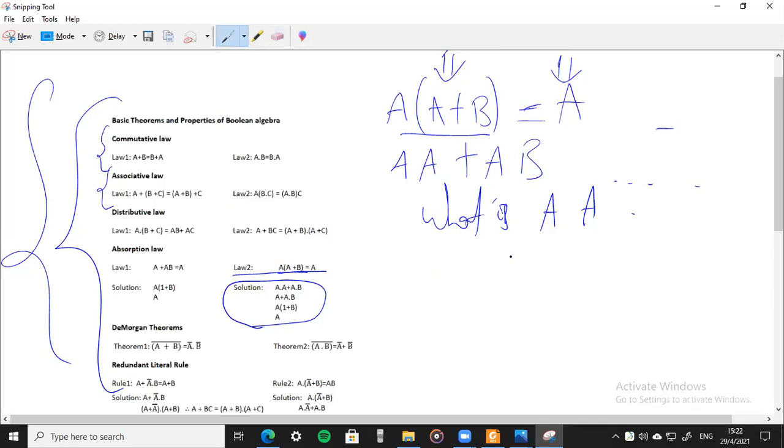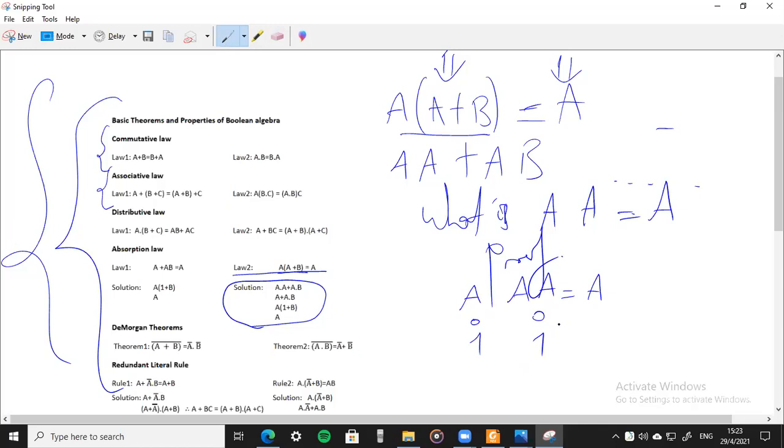Proof: we have one input, A equals 0, 1. A times A equals 0, 1, because 0 times 0 is 0, 1 times 1 is 1. Which means A times A is the same as A.